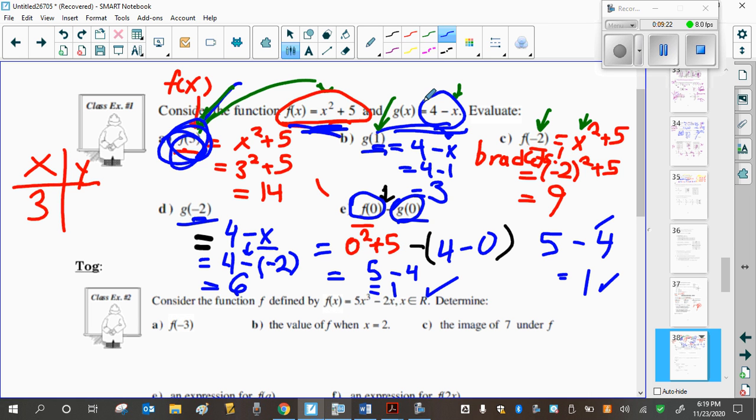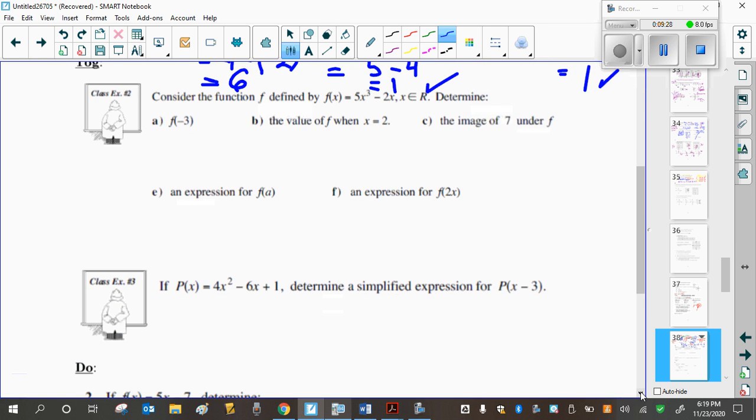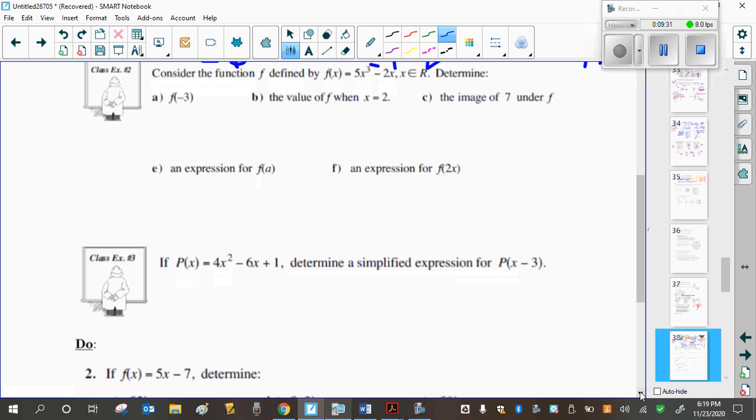So just like the next example, let's look at example 2, where we have one function, 5x cubed subtract 2x, where x is an element of real numbers.